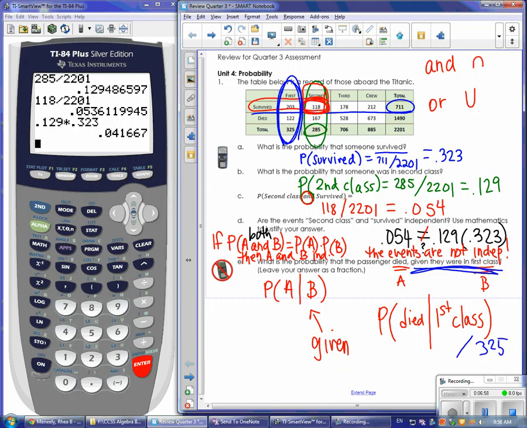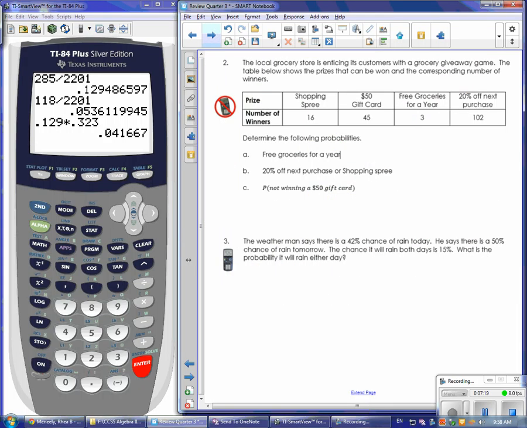And out of those, I want to figure out the number that died. And the number that died was the 122. And you can leave your answer as a fraction since you're not able to use your calculator here. So it would be that 122 out of 325 would be the probability that a passenger died given that they were from first class.